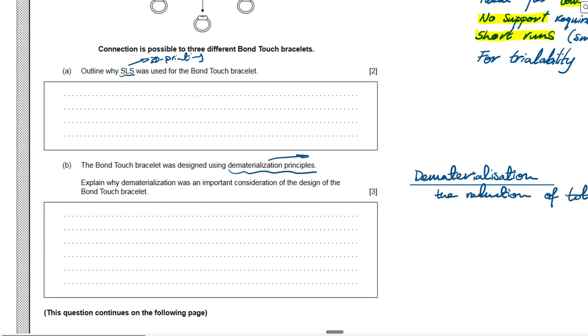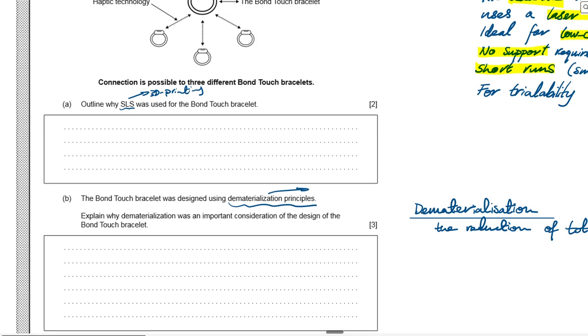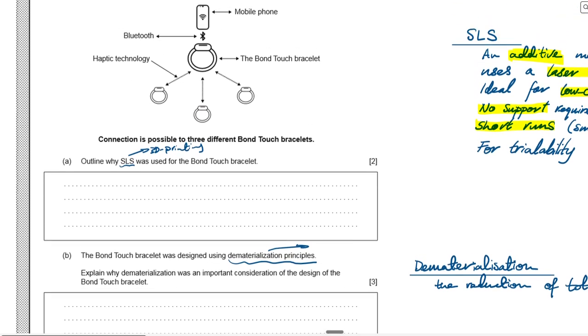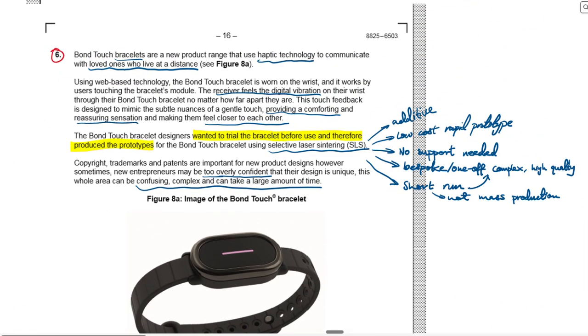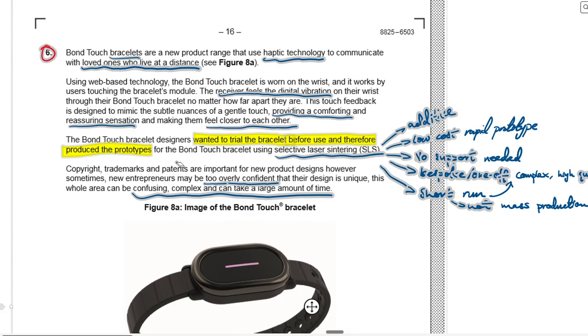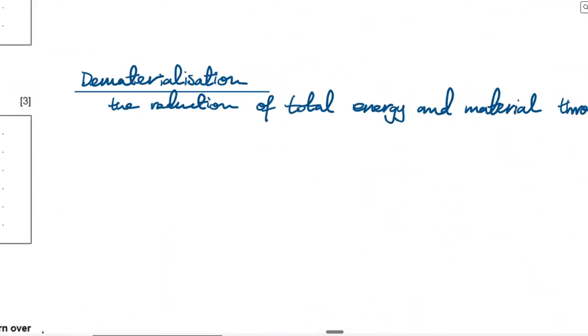If we need to connect it to the case study, if there's nothing there, then maybe there's no connection to the case study. I don't remember there being much. So there wasn't. Yes, there's not much about dematerialization.